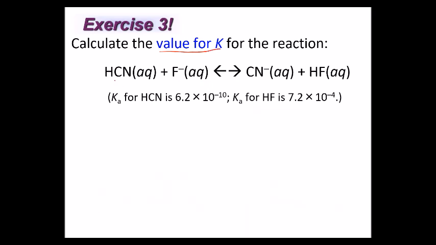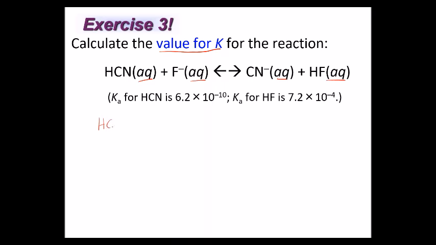Well, we have two different acids reacting and basically they are all aqueous, so they're in water. So we would write them out as their separate equilibrium positions in water.